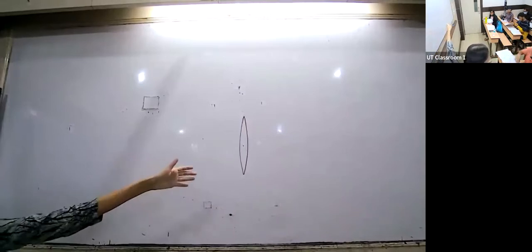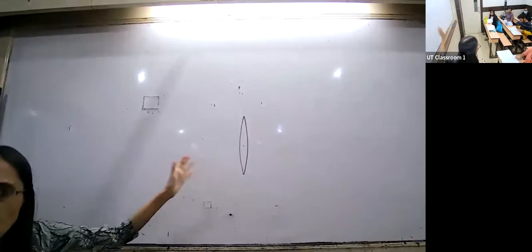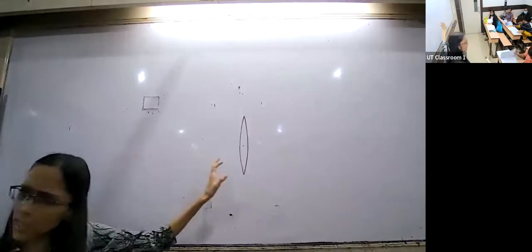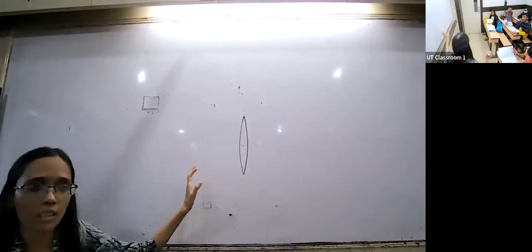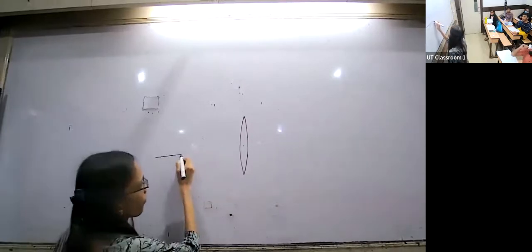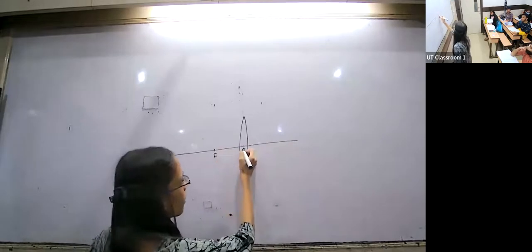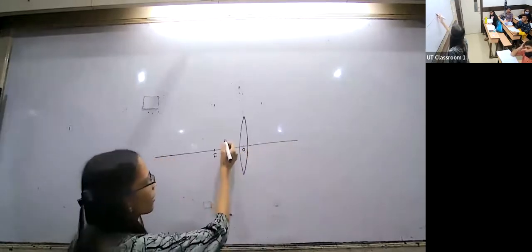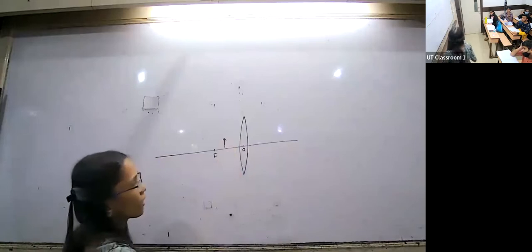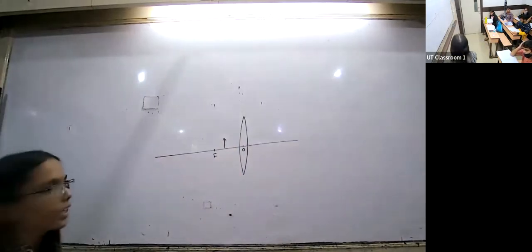Where do I keep my object? If I'm getting a magnified image, that means I'm keeping the object at some places, right? Or at all places it gives a magnified image? Between F and O. Between F and O, if I keep my object, although it is virtual, it will give me a magnified image.